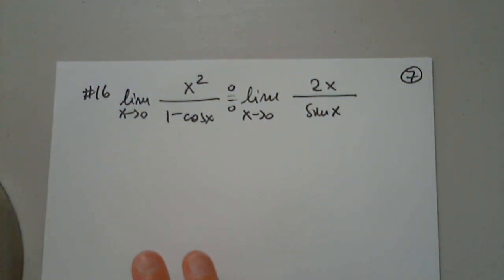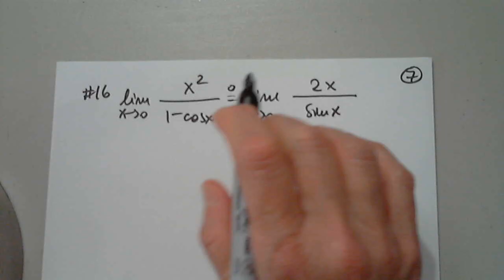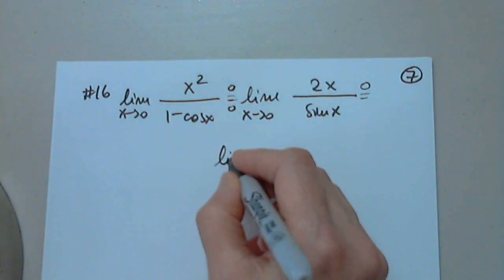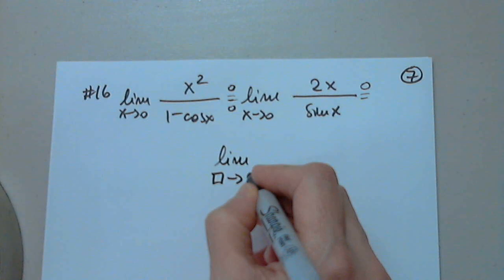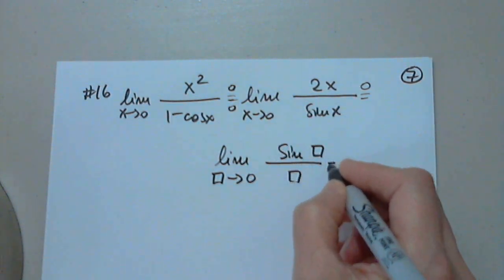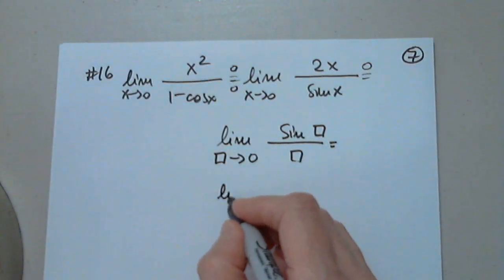Now when I plug it in again, I know I get 0 over 0. But now remember, we had that limit. Anyone remembers what would the answer be here?